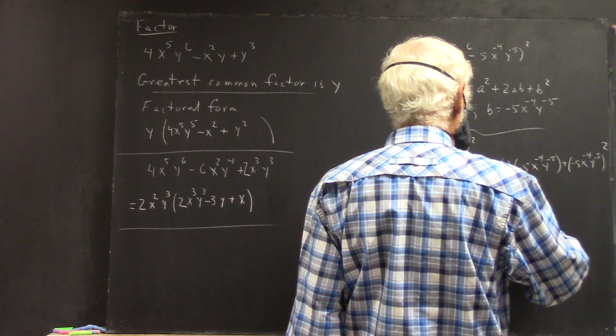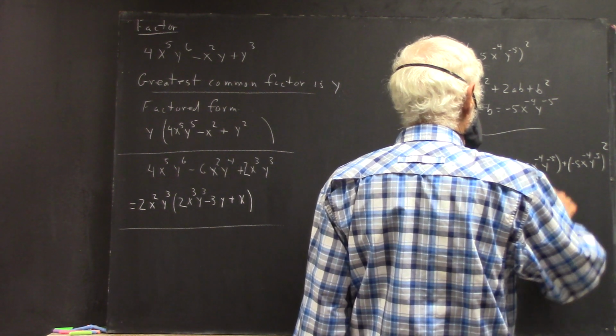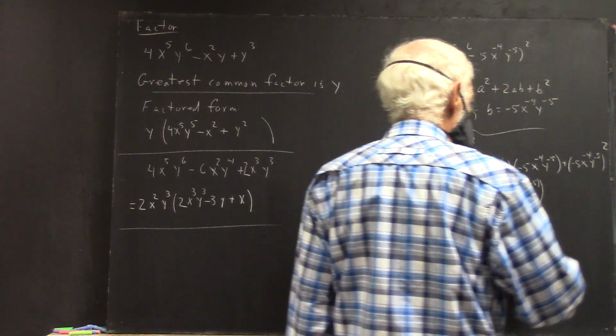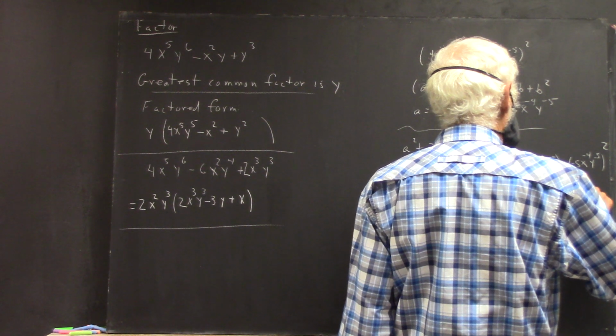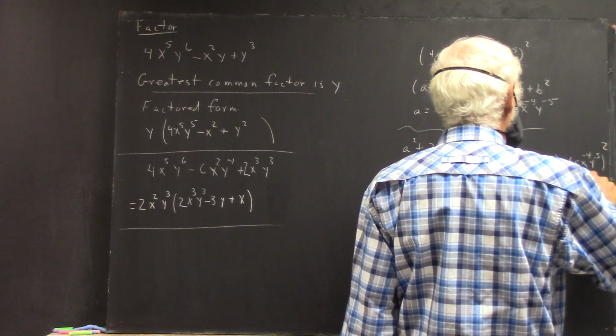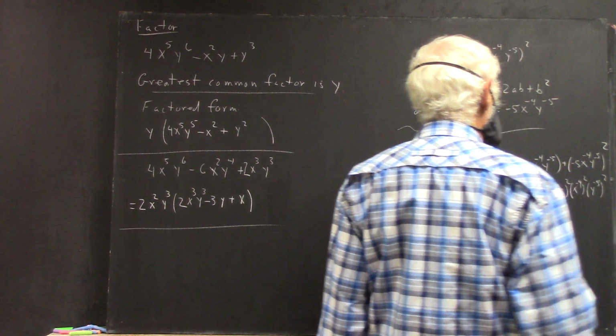Okay, then you have y to the sixth plus negative 5. And then it's plus negative 5 squared, x to the negative fourth squared, y to the negative fifth squared.